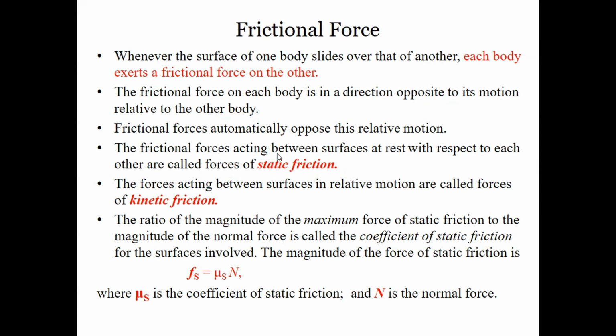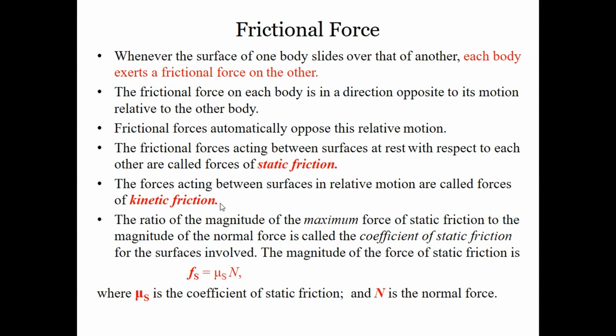The frictional force acts between the surfaces that are at rest with respect to each other. Such forces are called static frictional forces. The force acting between the surfaces in relative motion is termed kinetic friction.